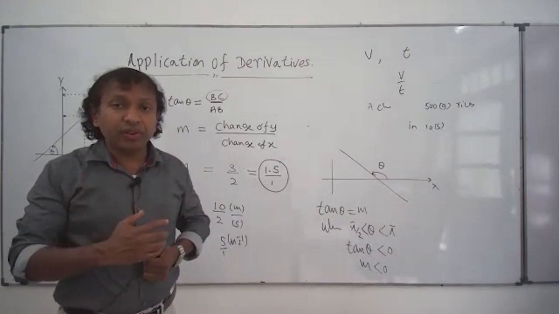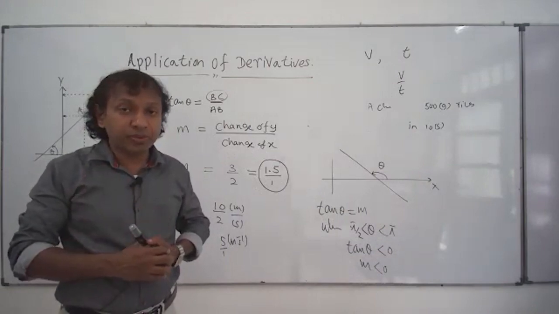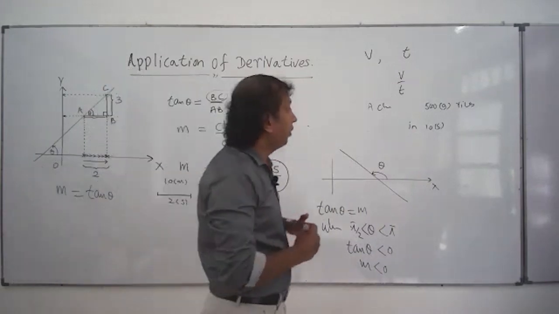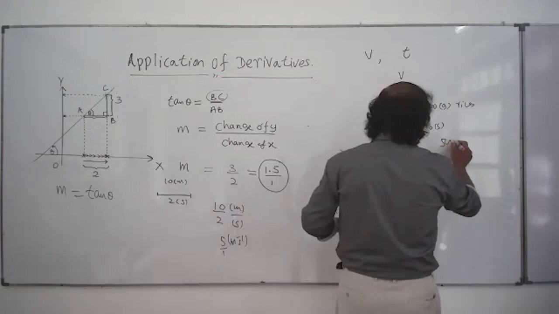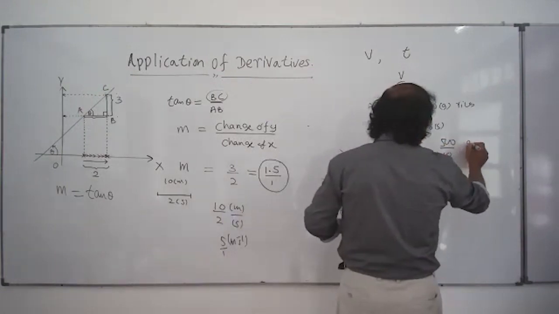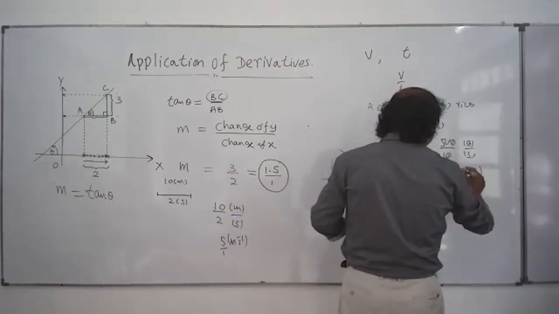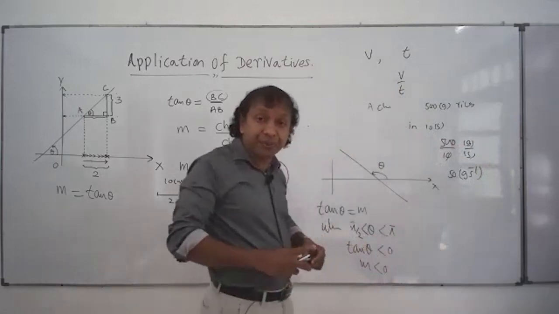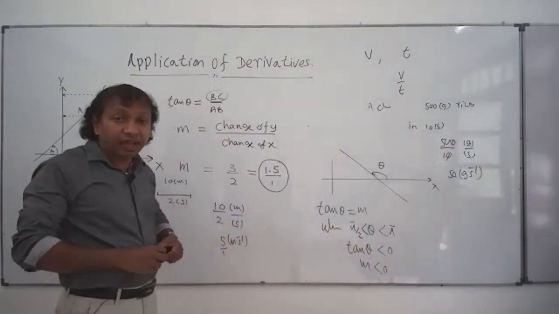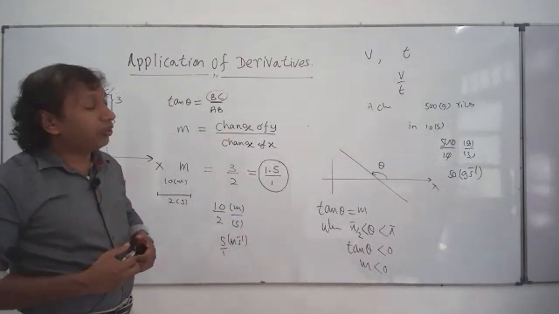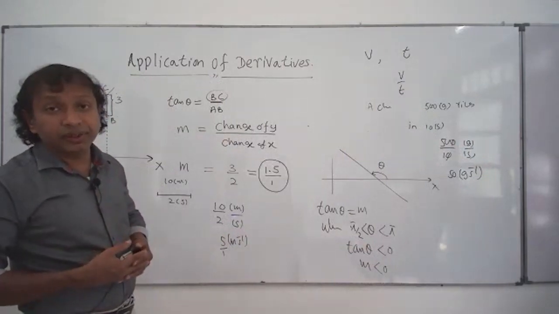In 1 second, the number of grams of rice this child can eat. That can be found by dividing this 500 by what? 10. Right? So we get 50 grams per second. Understood? Then the rate means, people, in 1 second, the weight of rice the child can eat.